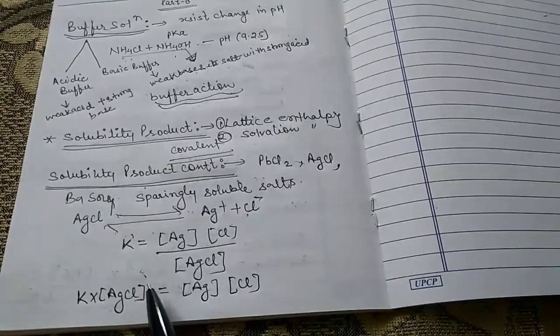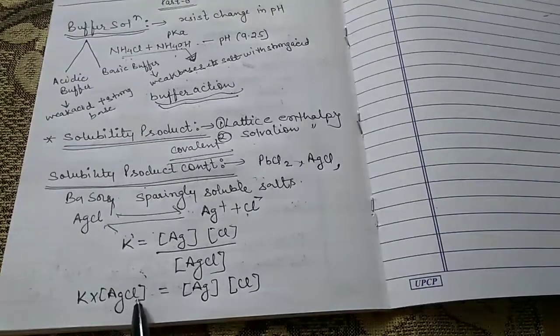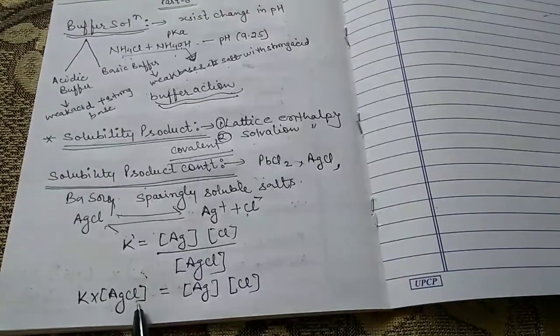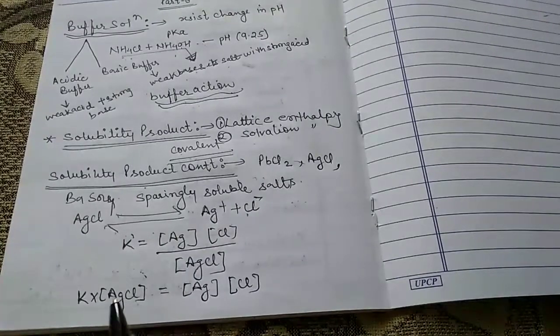Therefore, the concentration of solid AgCl in the solid state, the one under the square bracket, is constant at a particular temperature, no matter how much solid is present in contact with the solution.